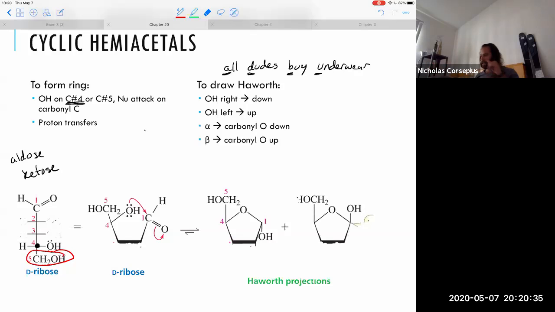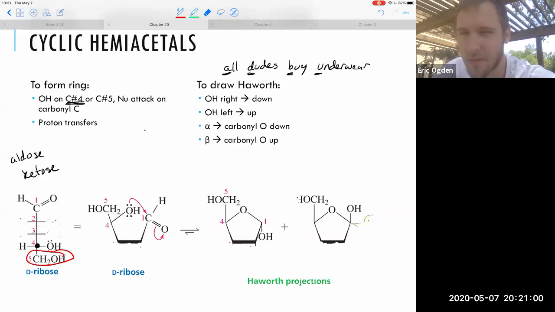Take a second and see if you can tell me which one of these is alpha and which one's beta. The one on the left is alpha. The one on the right is beta.